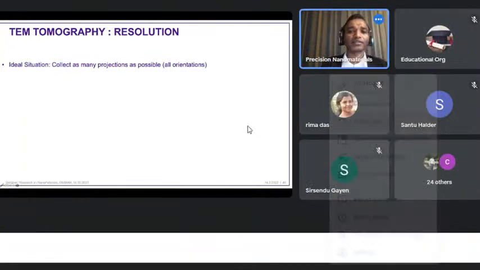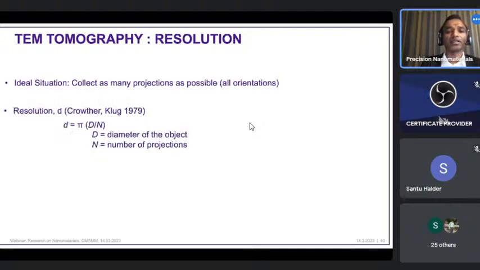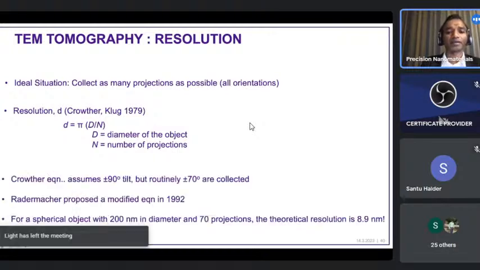Now, what about the resolution? The ideal resolution, if you want to collect a lot of images, comes from an old equation. However, this is only valid for spherical structures. It depends on the diameter of the object and the number of projections.